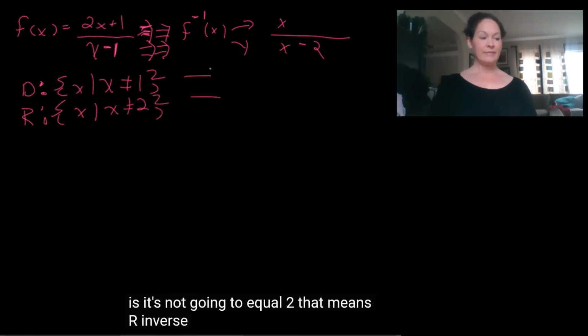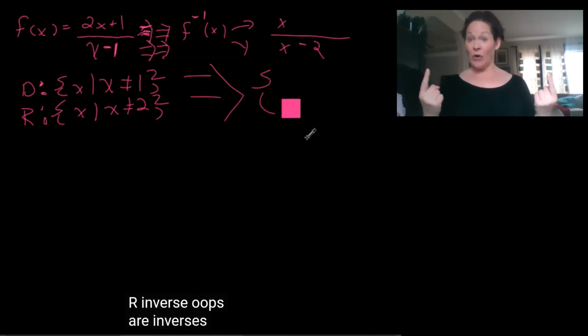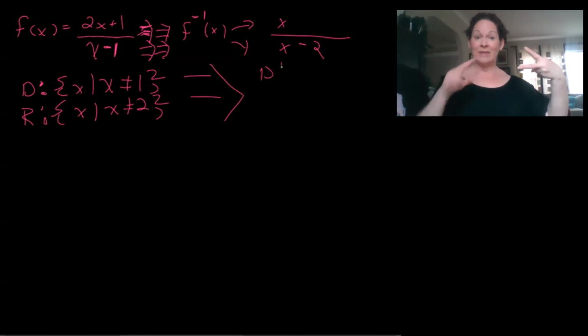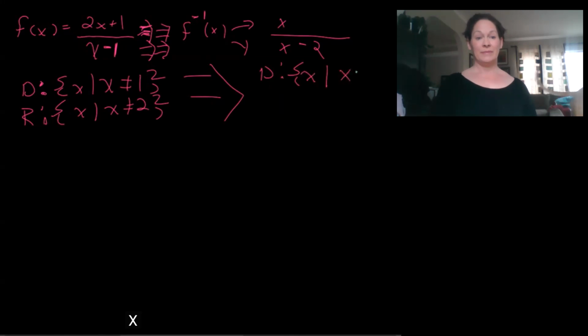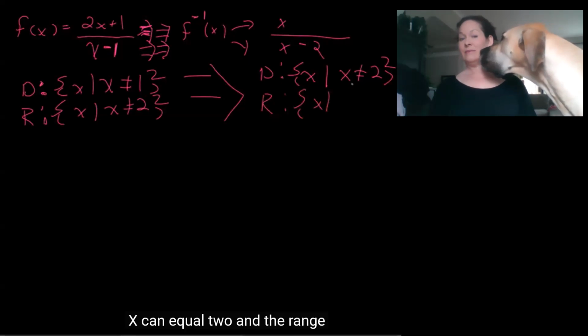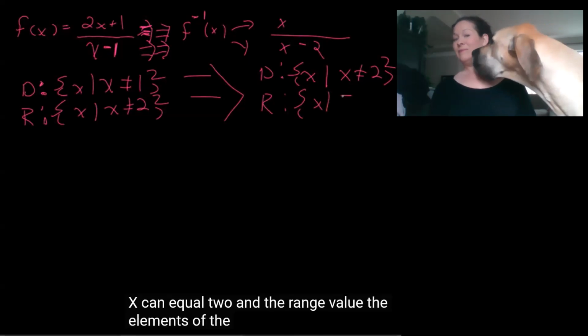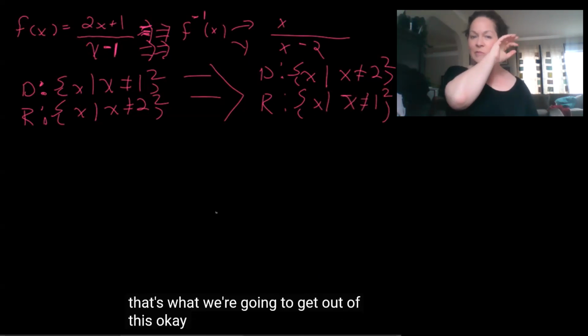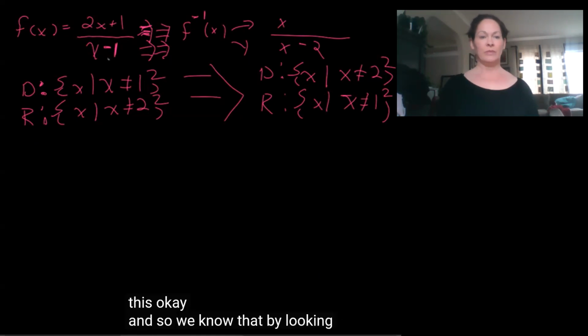That means our inverse's domain, x can't equal 2. And the range values, the elements of the range, can't equal 1. That's what we're going to get out of this. Okay? And so we know that by looking at these two parts.